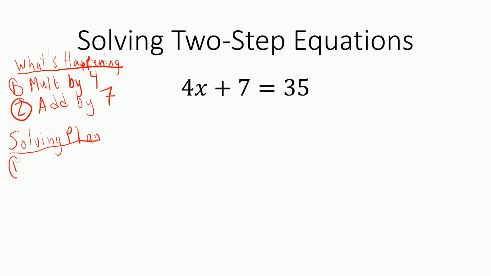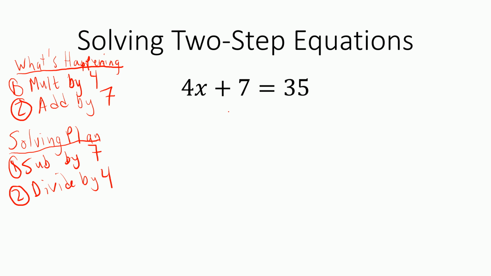My solving plan is going to be to do the opposite operations like I said in the previous problem, using the properties of equality, but we're not just going to do the opposite operations, we have to do them in the opposite order, which means if I added 7 second, I'm going to subtract 7 first in my solving plan, and then I undo the multiplication, which is division. And when I finish, I should end up with x by itself.